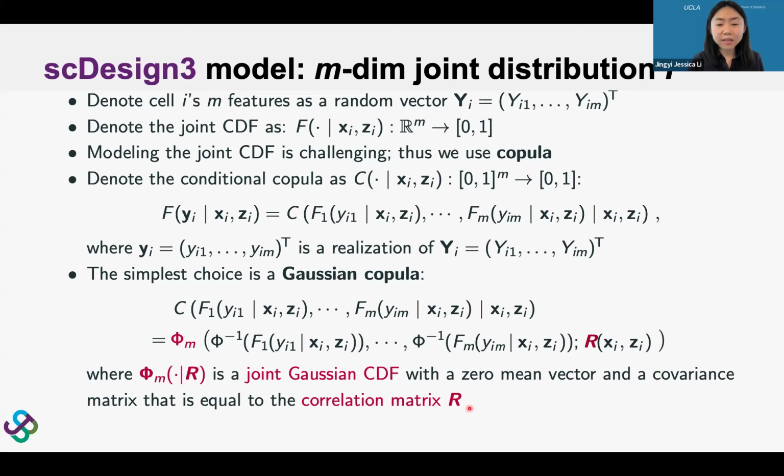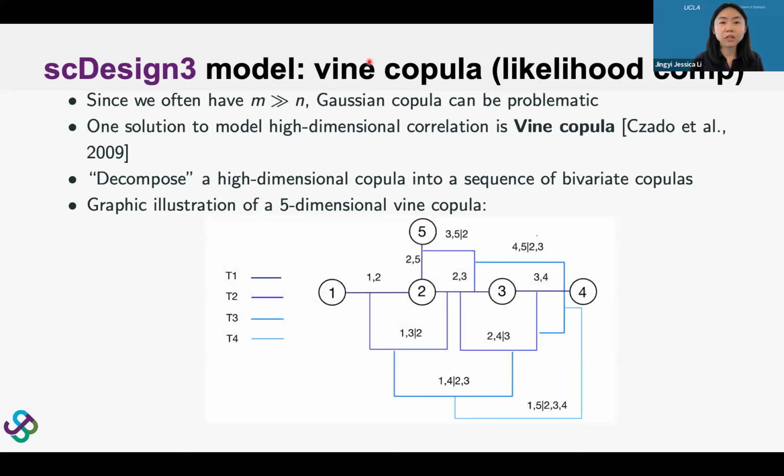So therefore, to estimate this correlation matrix, we use this technique called Vine copula, which helps regularize Gaussian copula. And the idea is that you constrain the correlation matrix, or the pairwise correlations of the m features in the matrix, to satisfy this Vine structure.